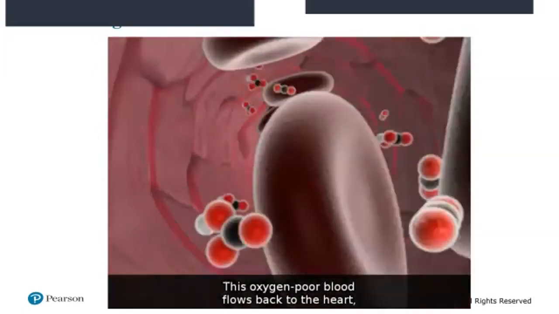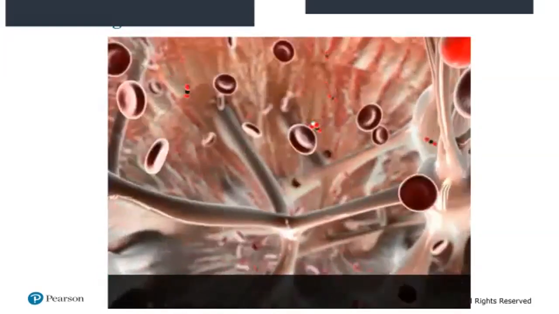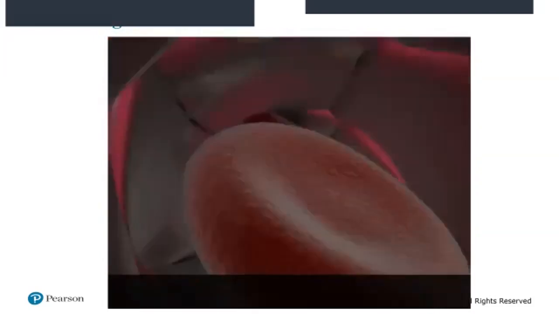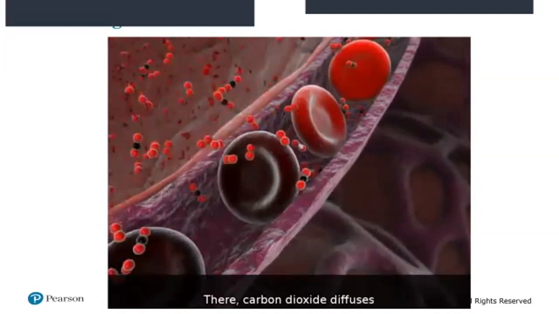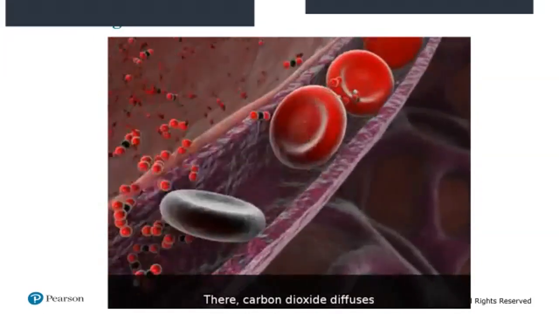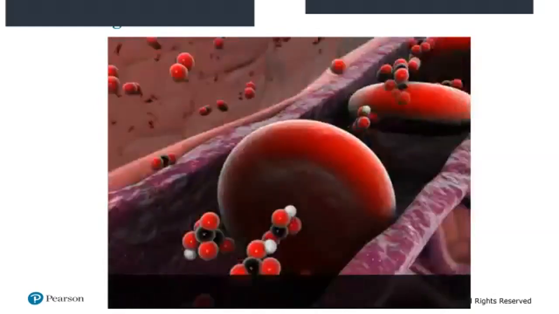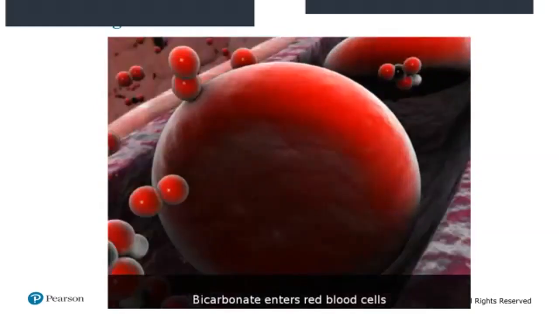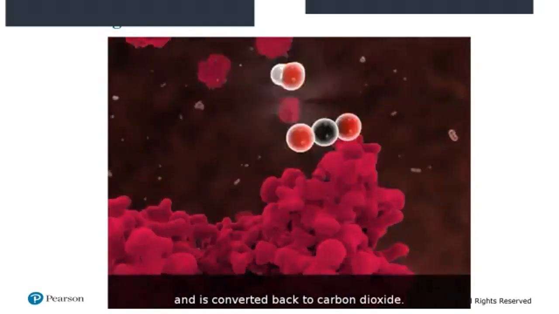This oxygen-poor blood flows back to the heart, which pumps it to the lungs. There, carbon dioxide diffuses from the plasma into the alveolus. Bicarbonate enters red blood cells and is converted back to carbon dioxide.